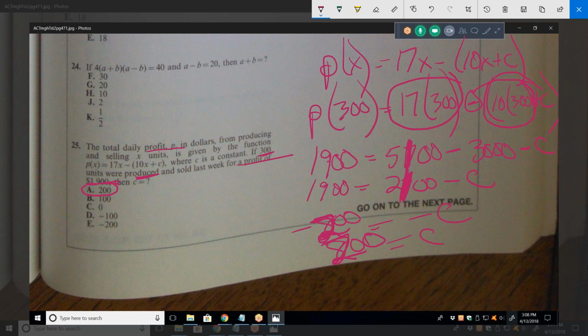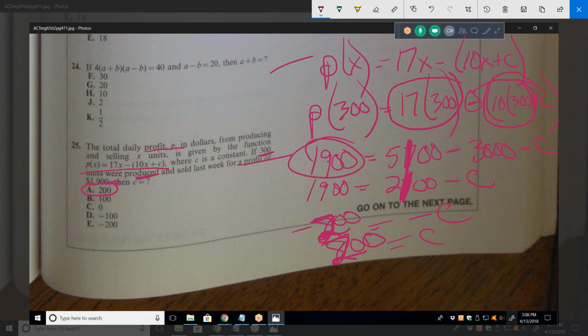Now, what's another way I could have solved this? I did it completely algebraically. I started with the formula they gave us, plugged in the 300 units, plugged in 1900, and solved for C. Totally algebra problem. In other words, I didn't need multiple choice.